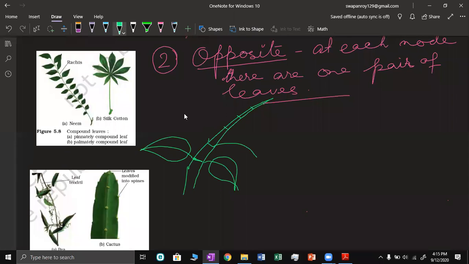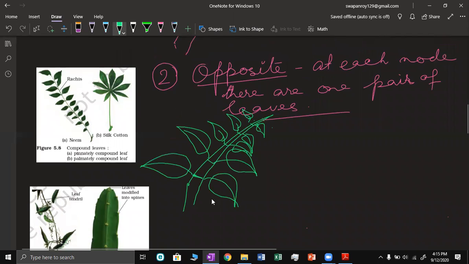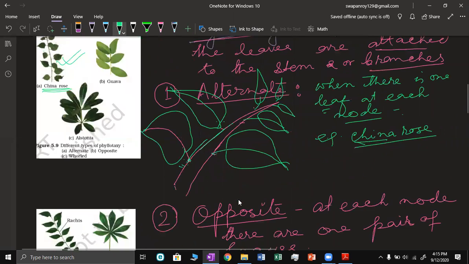So one pair of leaves at each node. This type we can see in guava.